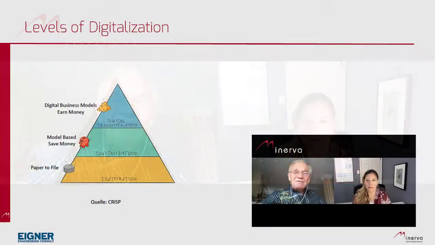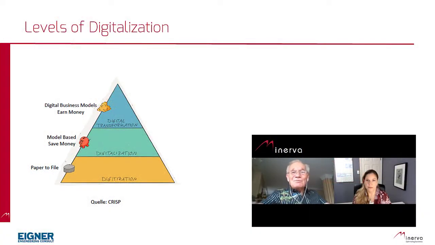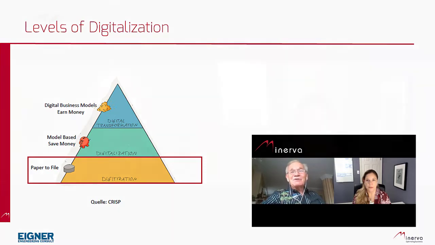But it's interesting, in the American or English language, we have 3 levels when we talk about digitalization. We start with digitization, and that's interesting. Digitization really means to bring paper on a computer. If you scan a paper, it's digitized, nothing else. I think we did it for 20, 30, 40 years. I think this level is well done.